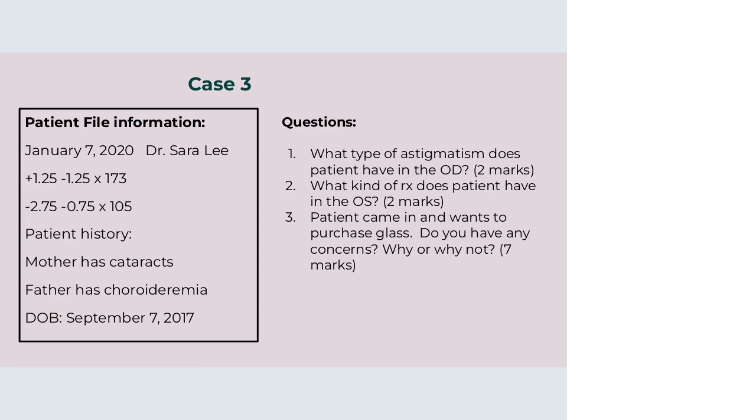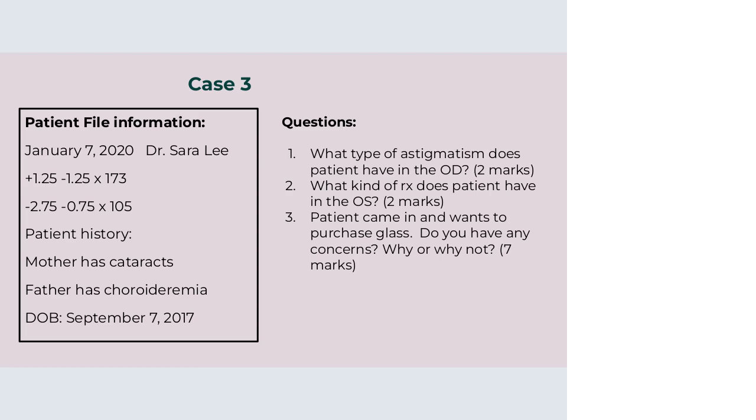Okay, yeah, so they are hyperopic, but what type of astigmatism is it? So, minus cylinder at 180 would give you a with-the-rule in the right eye, yes. And minus cylinder closer to 90 would give you against-the-rule in the left eye.